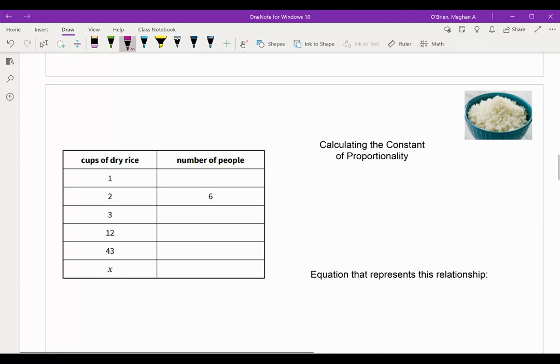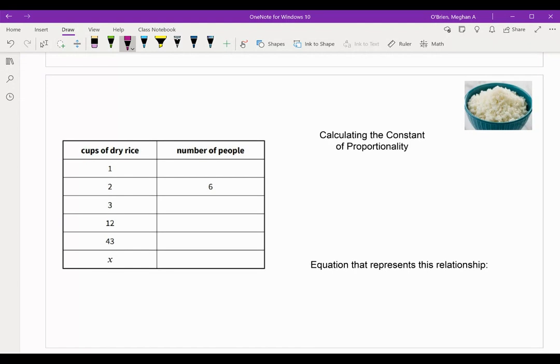Okay, this example we used last week when we were talking about proportions. Again, this is a proportional relationship because the number of cups of dry rice will serve a certain number of people each time. That holds true for this recipe or serving, so nothing changes.